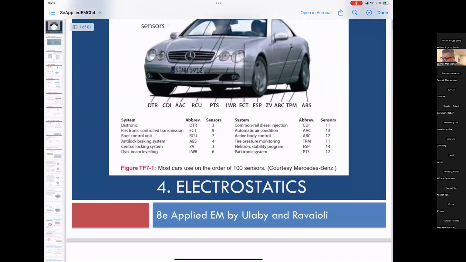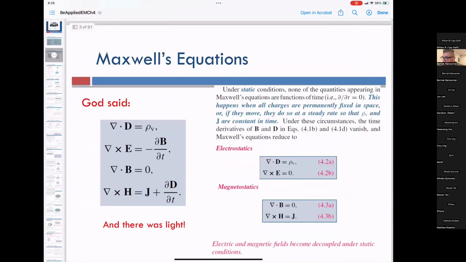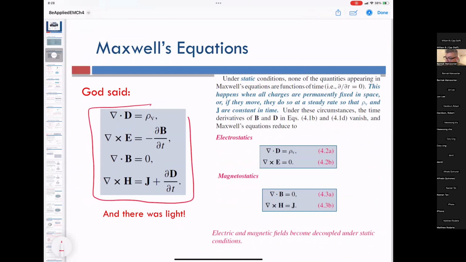So these are Maxwell's equations, from the slides that the author provided. These are all the equations, Maxwell's equations.